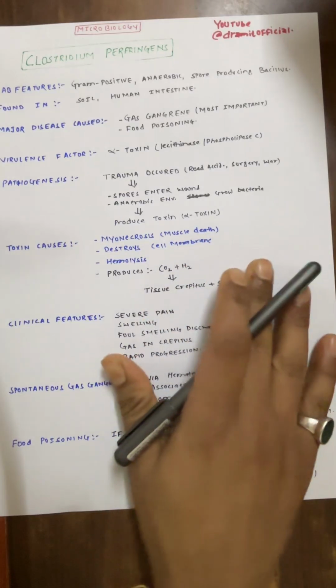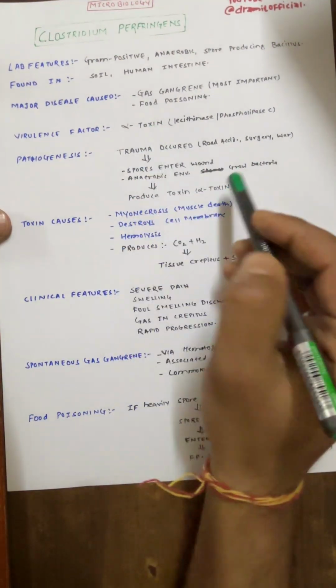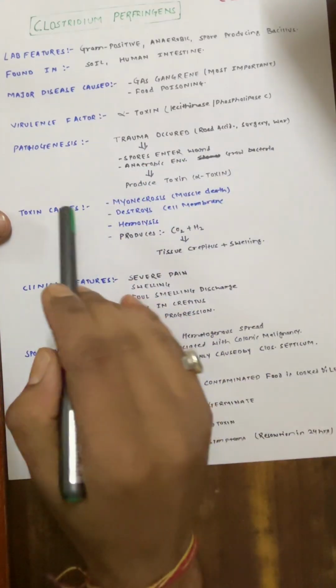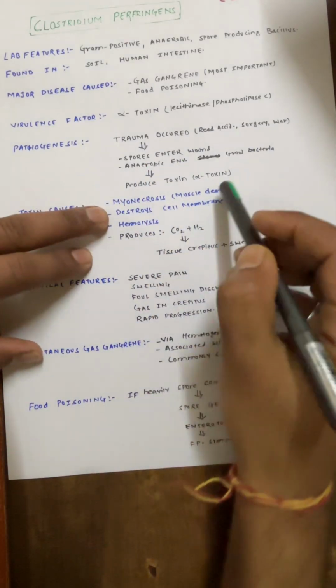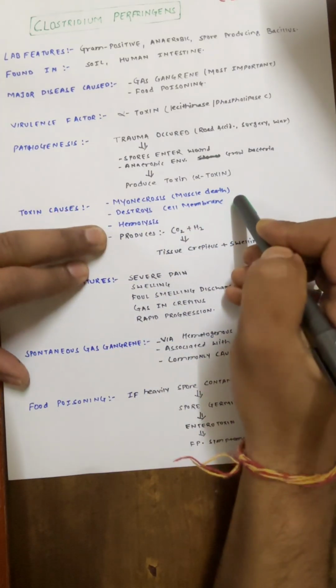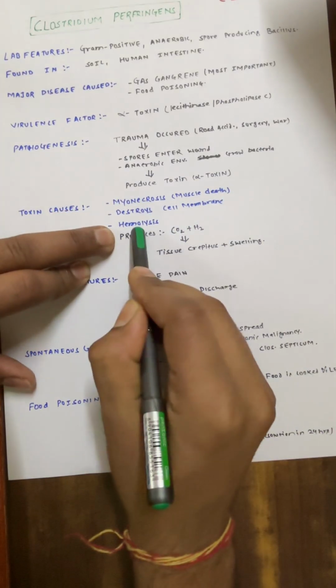This toxin causes myonecrosis, which means muscle death, destroys the cell membrane and causes hemolysis of the RBC.